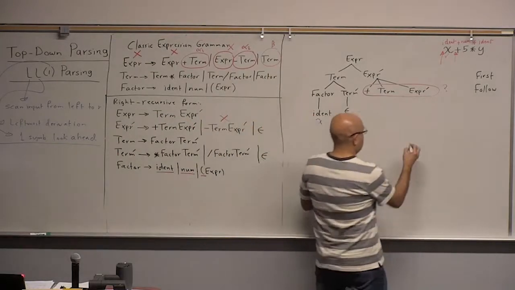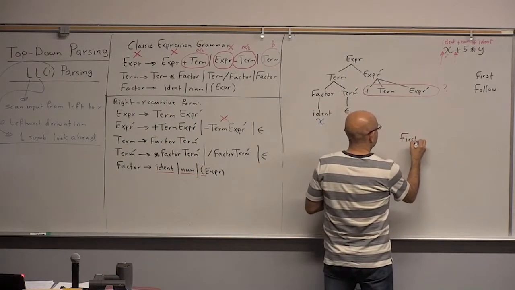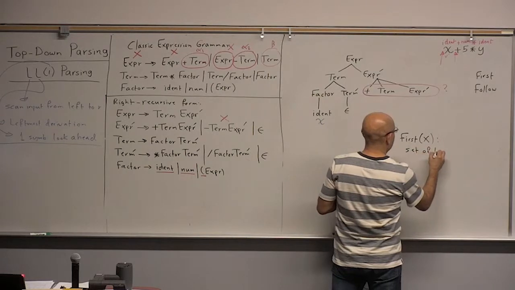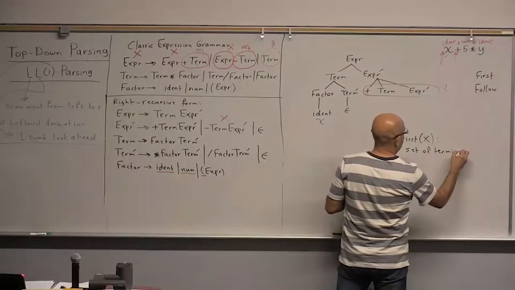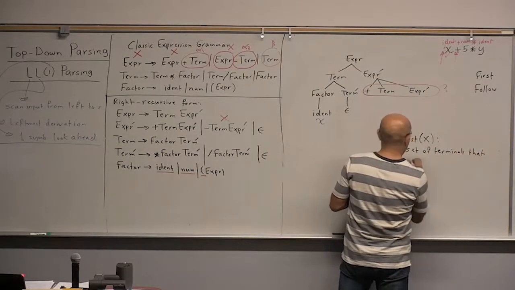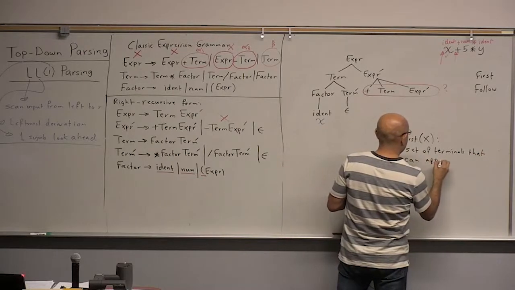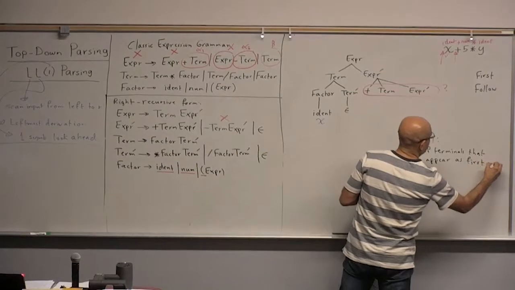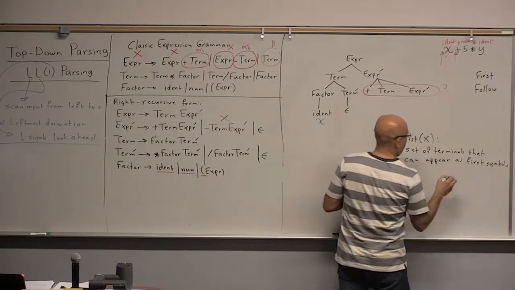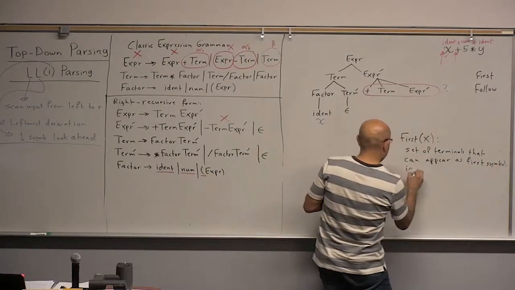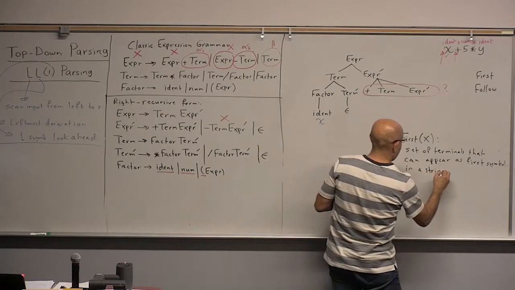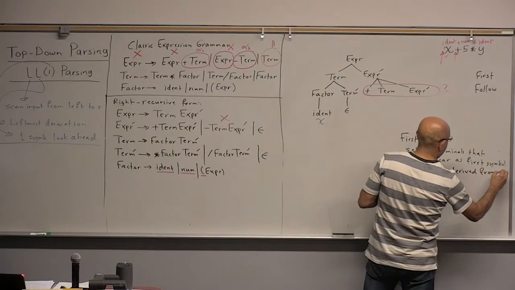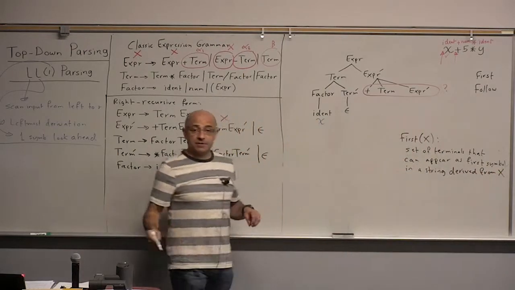So let first of x be the set of terminals that can appear as the first symbol in a string derived from x. So this is first of x.